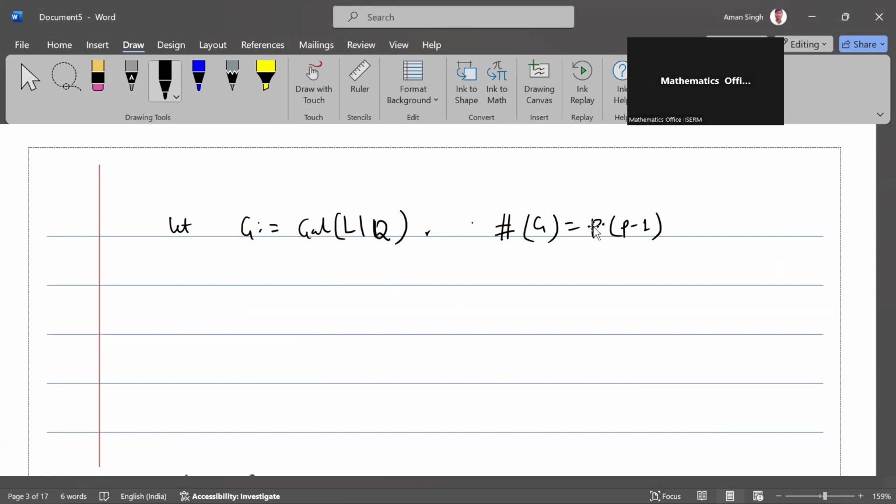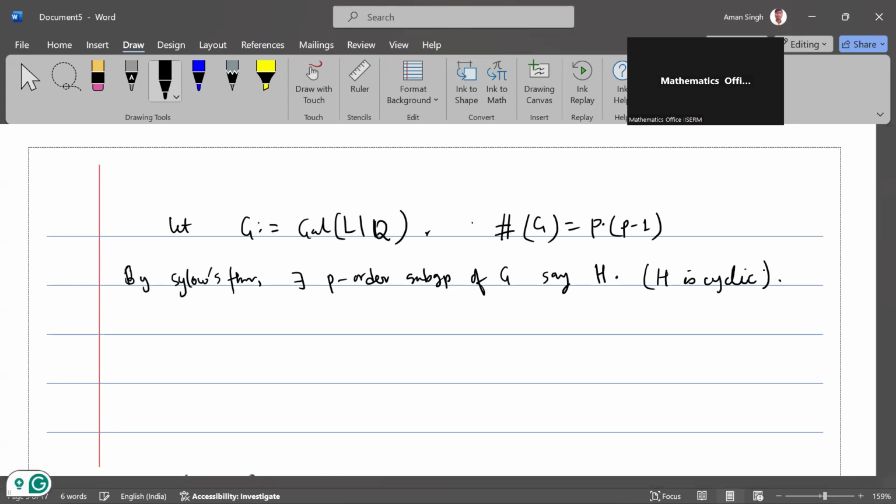Because p is a prime, by Sylow's first theorem there exists a subgroup of order p, say H. Because H is of prime order, H is cyclic.